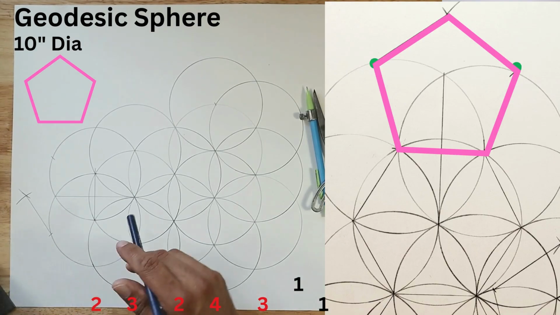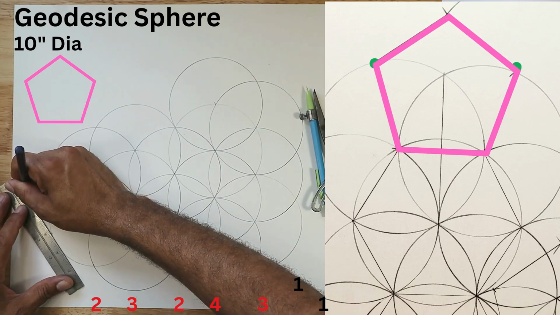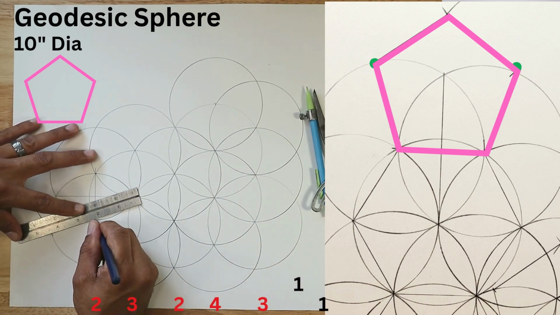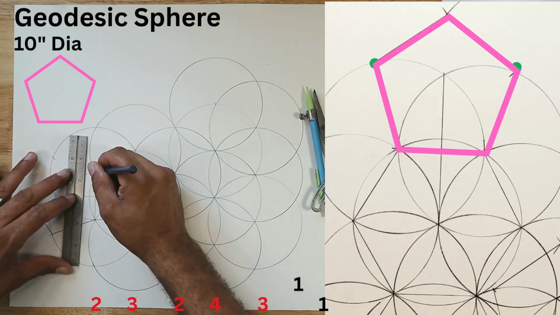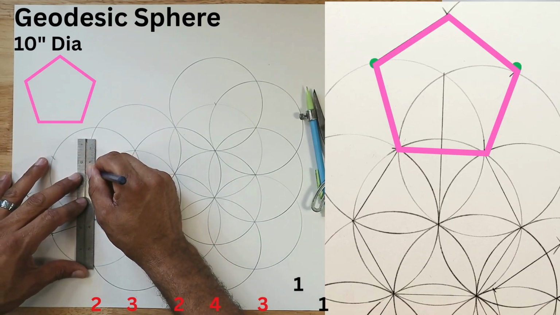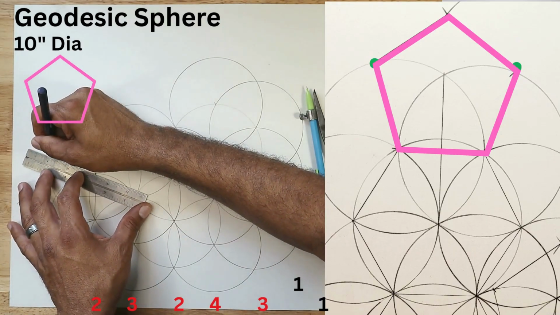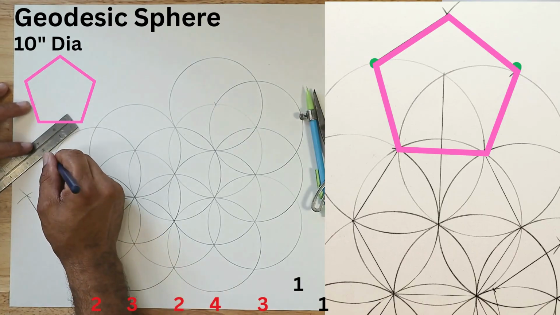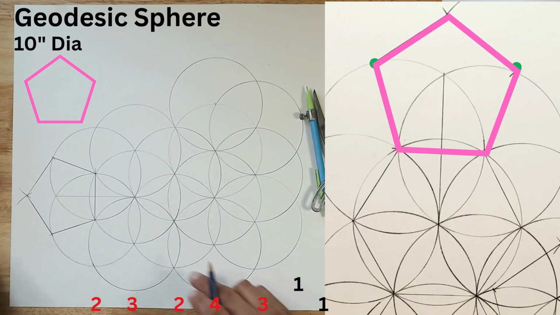It'll come out darker. Okay, then join this point here, and that's already established, which is okay. Alright, so there's a pentagon.